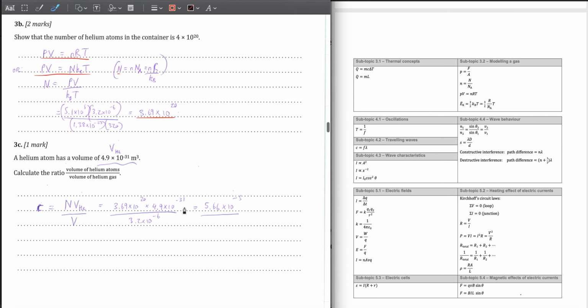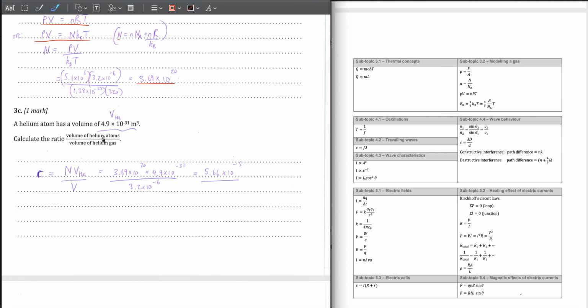We're then asked to calculate the ratio of the volume of helium atoms. I have deliberately circled S here because this is the sticky point for a lot of people. HL students, watch out, because they were looking for the volume of all of the atoms, not simply one atom.